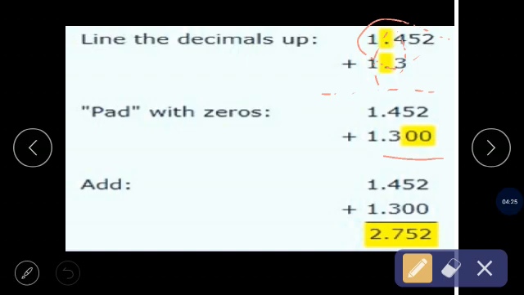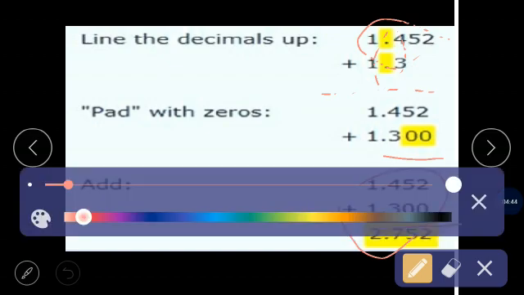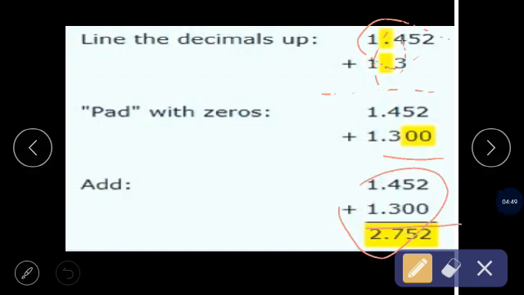Now simply add as you add numbers. 1.452 plus 1.300. 2 plus 0 is 2, 5 plus 0 is 5, 4 plus 3 is 7, and now just below the decimal point put the decimal point in the answer also.